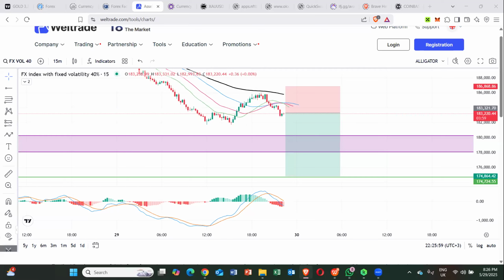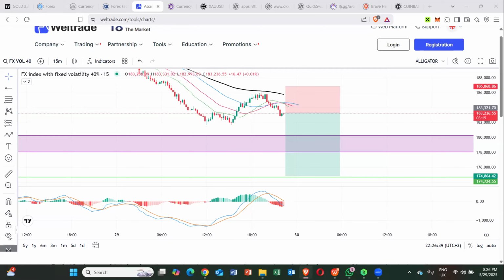Sell vol. CP is 174,864.42. XL is 186,868.86.